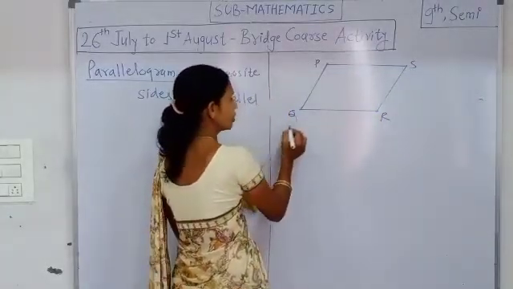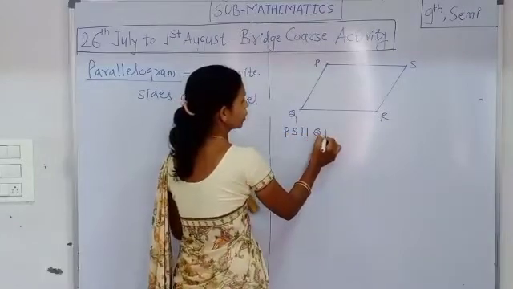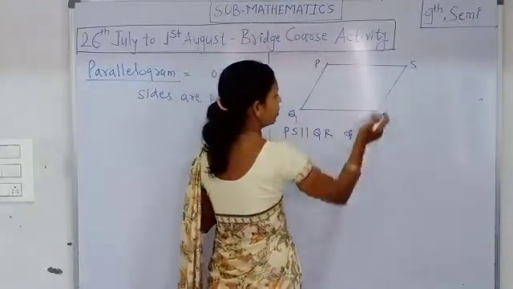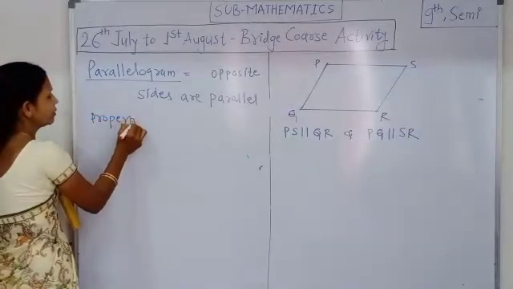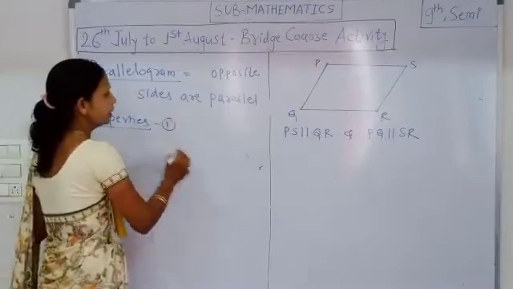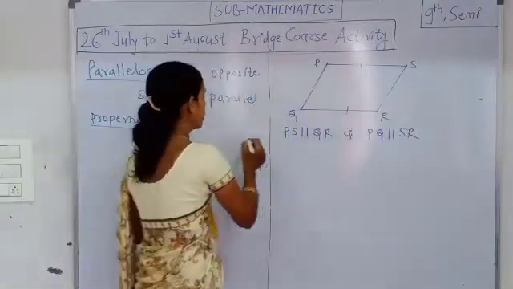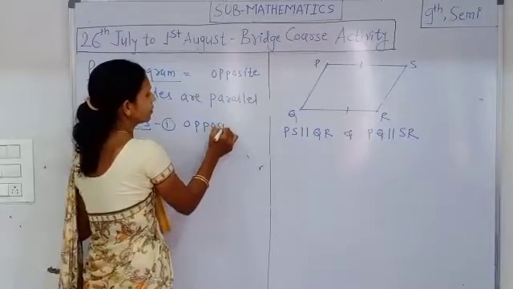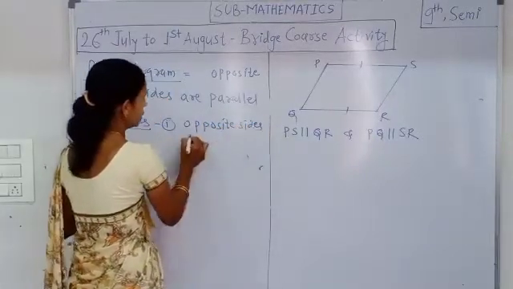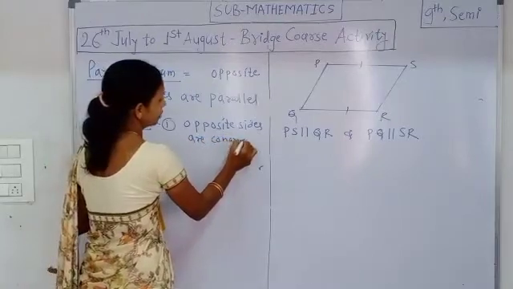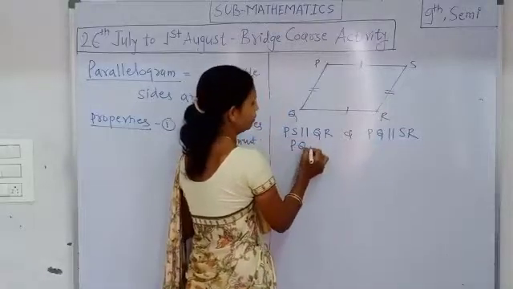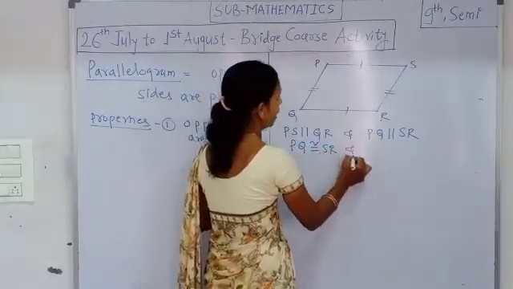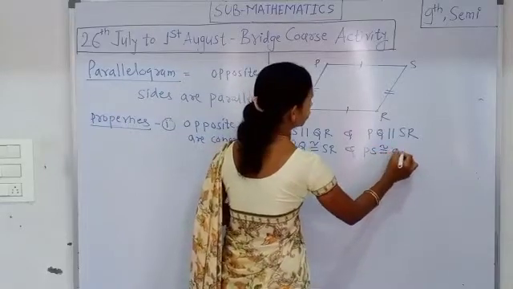That means in this quadrilateral, PS is parallel to QR and PQ is parallel to SR. Then a few properties of parallelogram we have to remind here. Opposite sides of a parallelogram are congruent. That means PQ is congruent to SR and PS is congruent to QR.